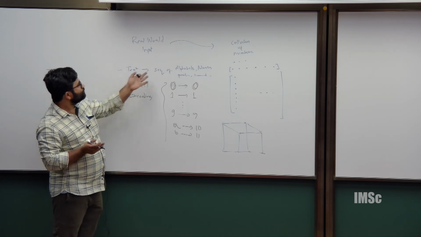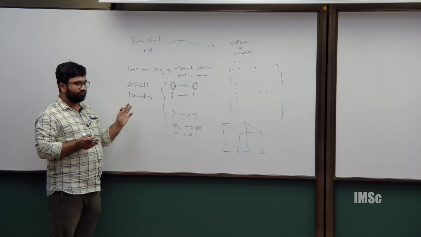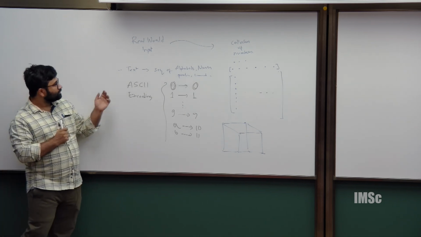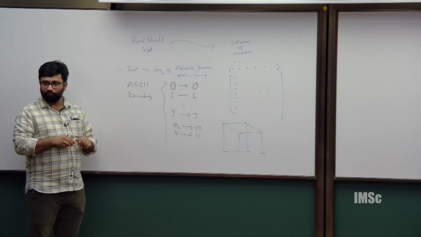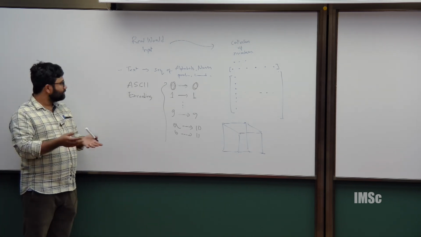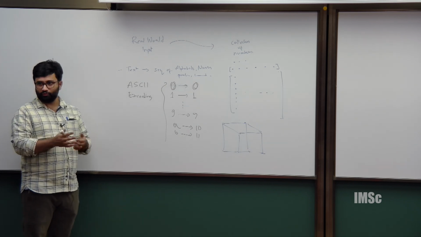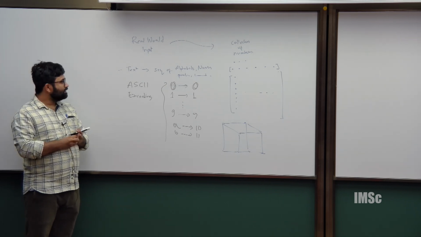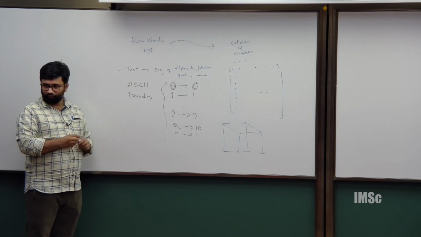They had to do this essentially. So they came up with a standard way of encoding text into a sequence of numbers, and then the sequence of numbers were processed by computers. So what would be the advantage or disadvantage of such an encoding?